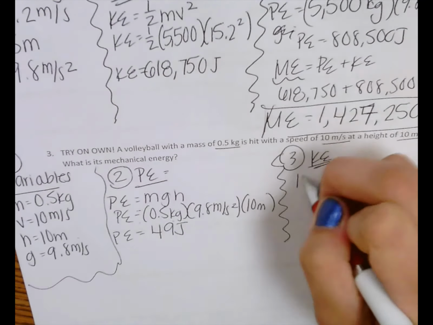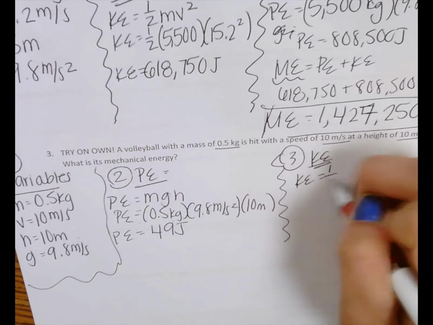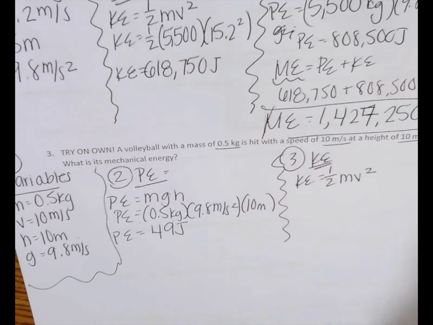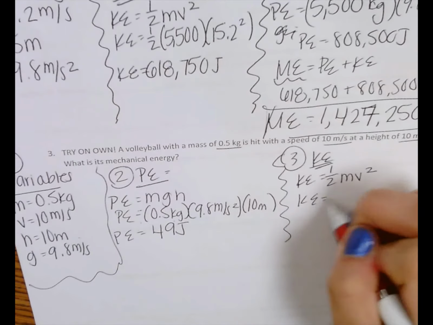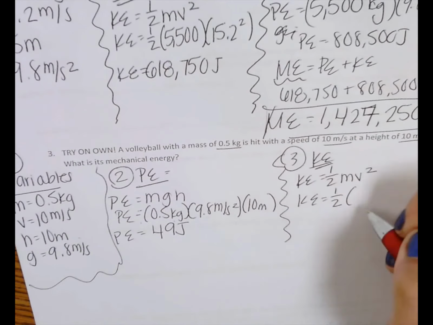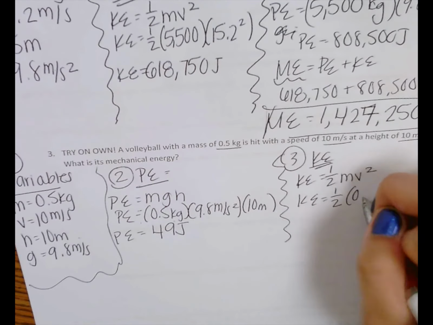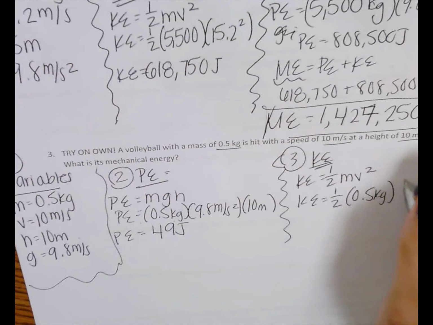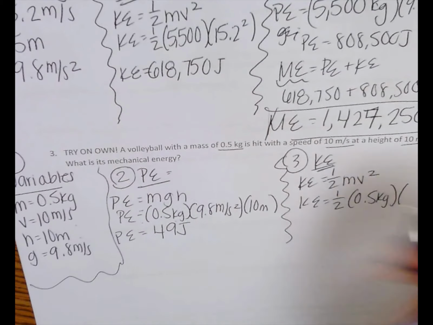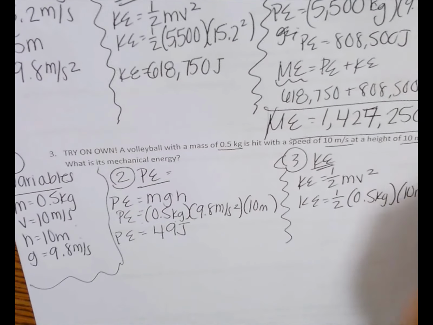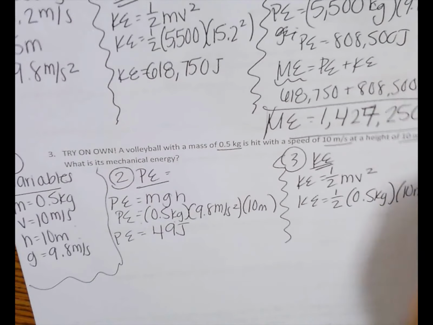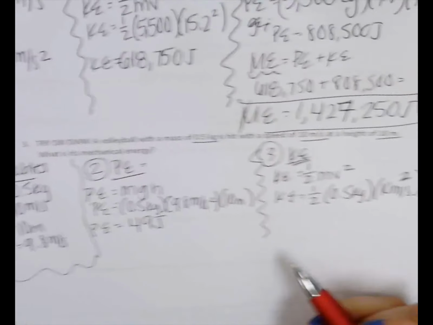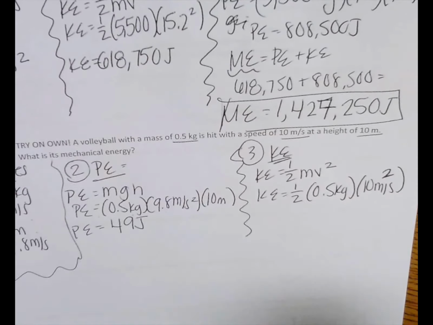And we know that kinetic energy is equal to 1/2 mass times velocity squared. So kinetic energy is equal to 1/2 times 0.5 kilograms times 10 meters per second, but we're going to square this entire thing. So the first thing that I would do is figure out what is 10 squared.